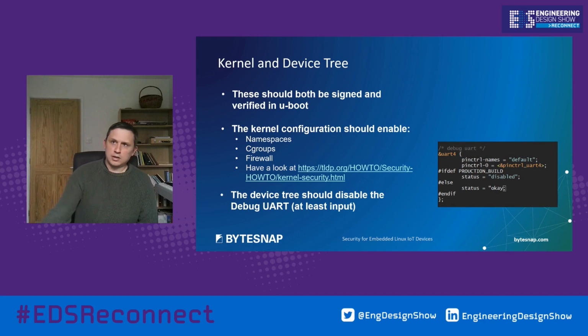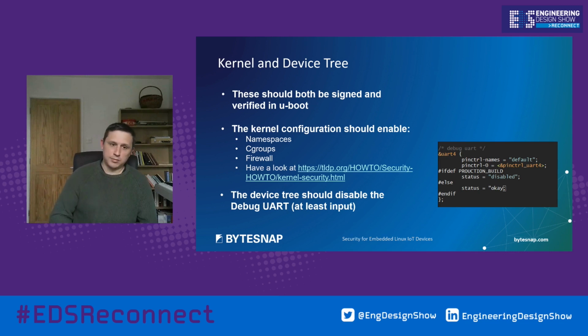Right, so as discussed, the kernel and device tree should both be signed and verified in U-Boot. As for the kernel itself, there are certain configuration options that you may want to enable with light security, such as control groups, or cgroups. They allow you to control resources on a process-by-process basis.